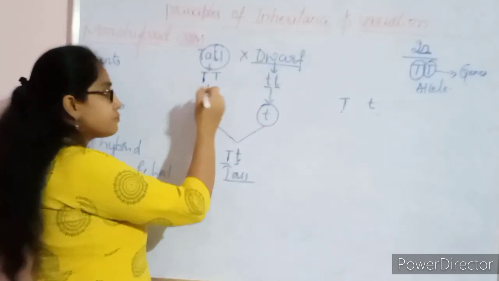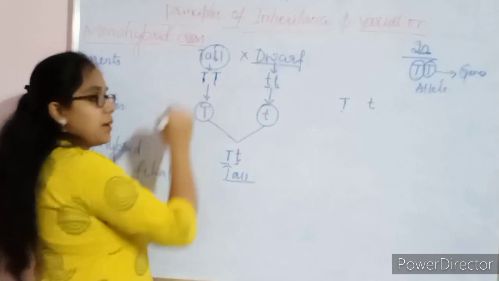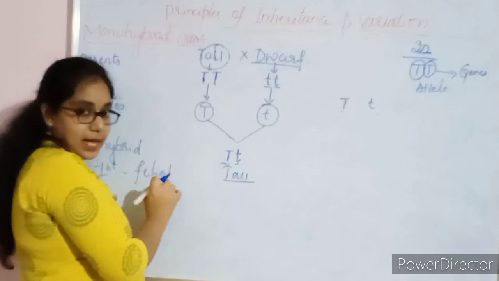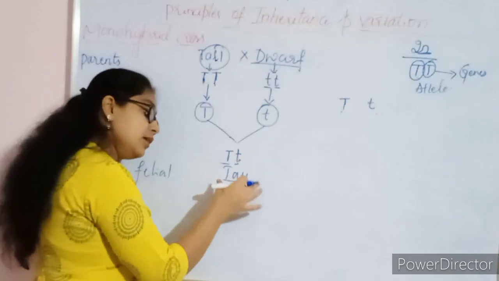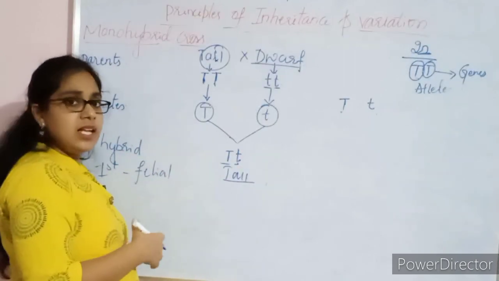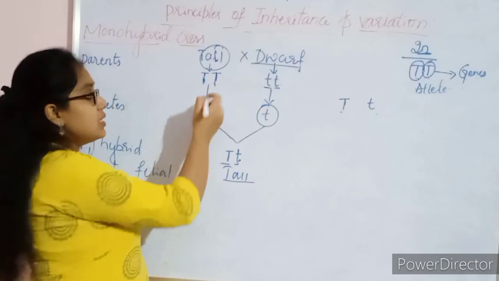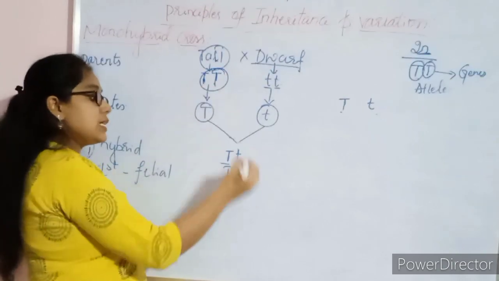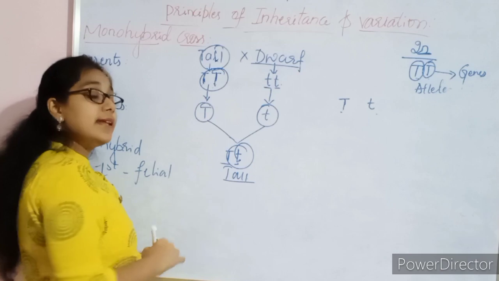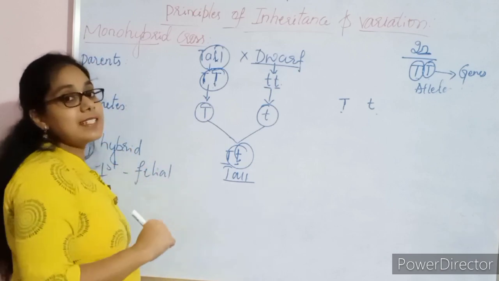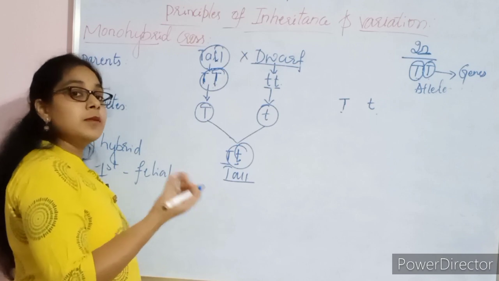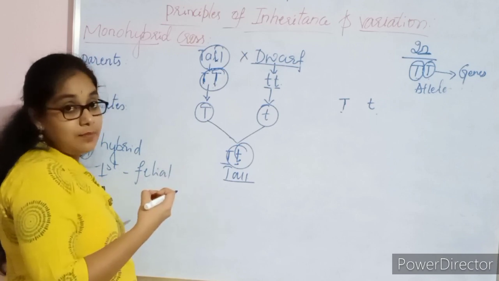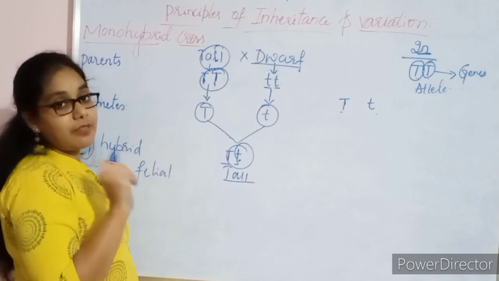But see here I have written capital T. It is for the tall character. But here also I have written capital T and small t. It is showing the tall character. Then is there any difference between capital T, capital T and capital T, small t? Of course there is a difference. Both are expressing the tall character, but the genes are different.